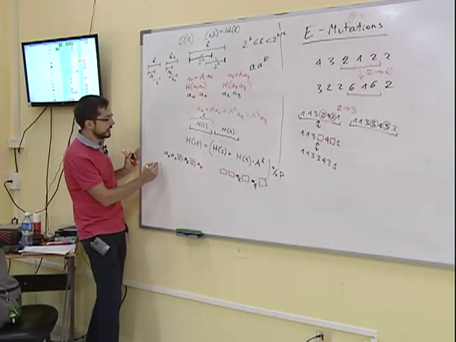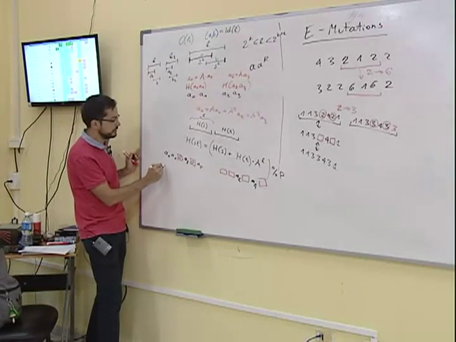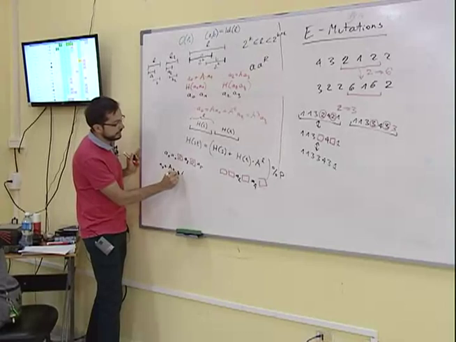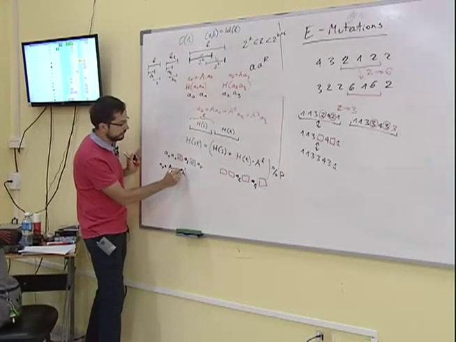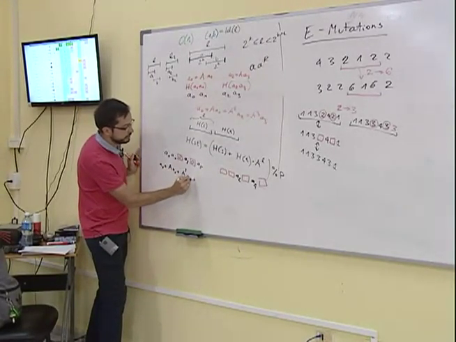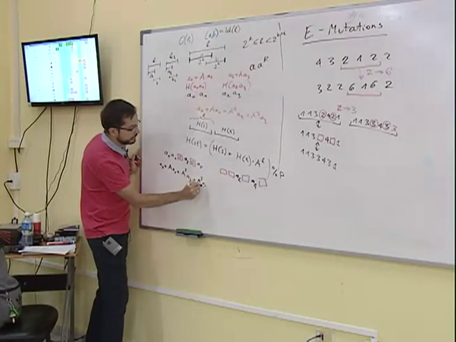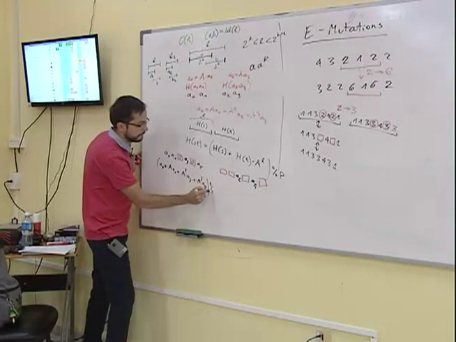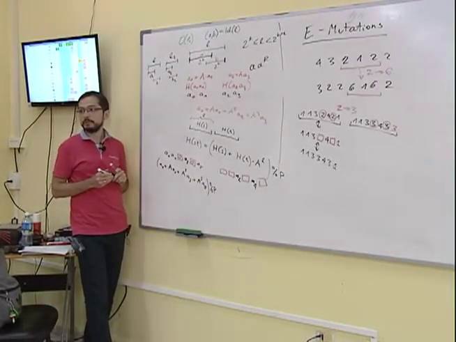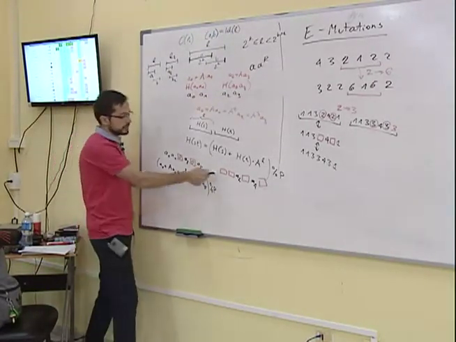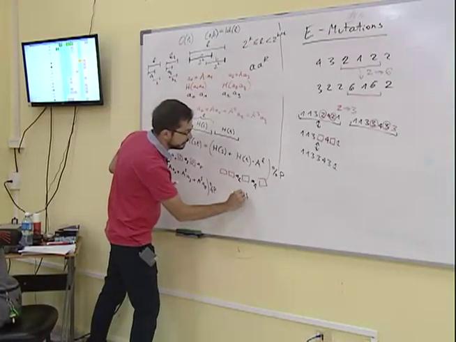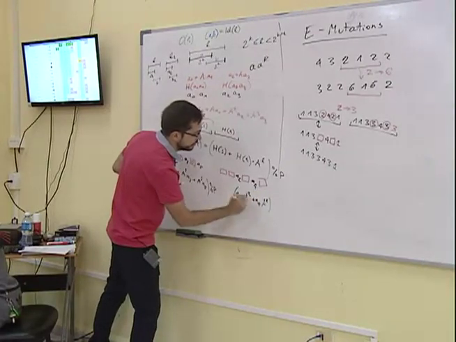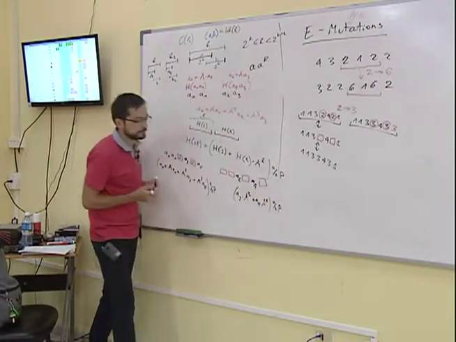So the hash for this one will be a0 plus a times a1 plus a to the power of 3 times a3 plus a to the power of 5 times a5 modulo p. And then for this one, I have a to the power of 2 times a2 plus a to the power of 4 times a4 modulo p.